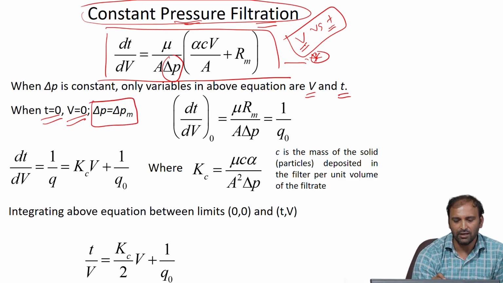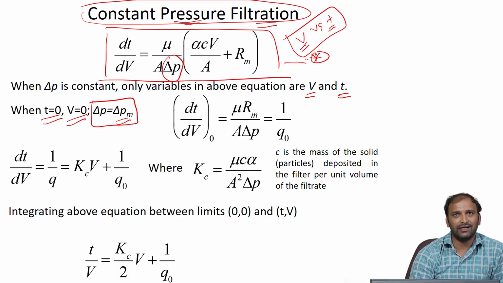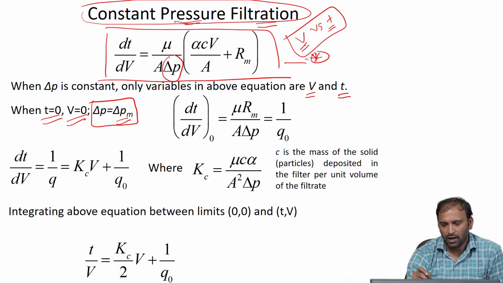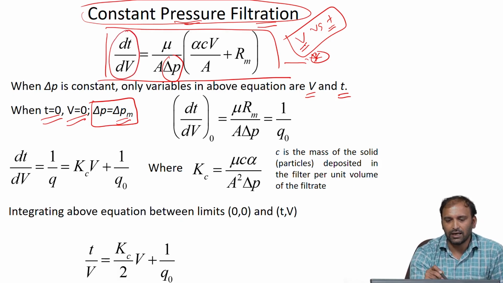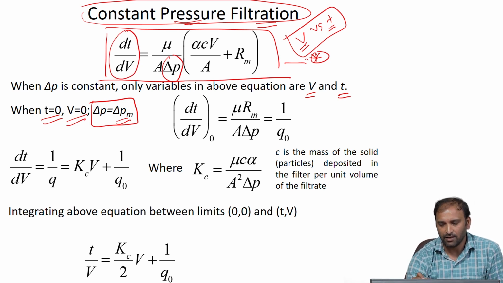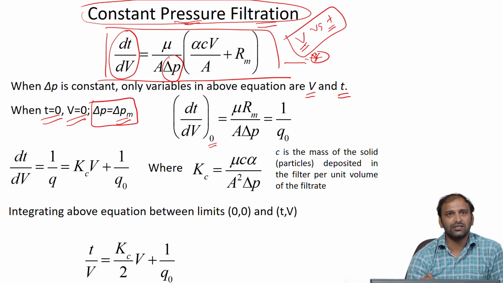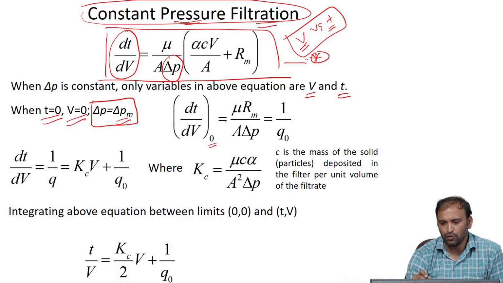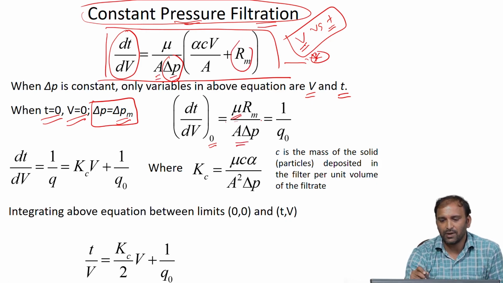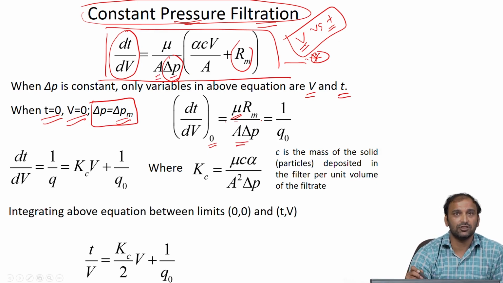Therefore my delta P is equal to delta Pm, so dt by dV at time t equals 0 is equal to mu multiplied by Rm divided by A times delta P, plus the other term, which is equal to 0 because V is 0.